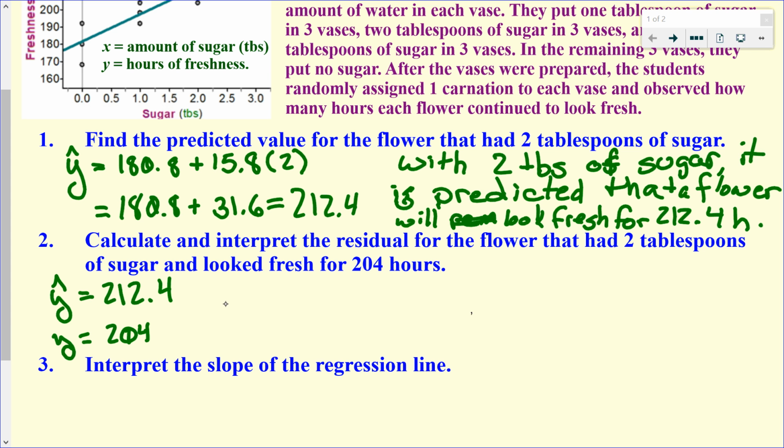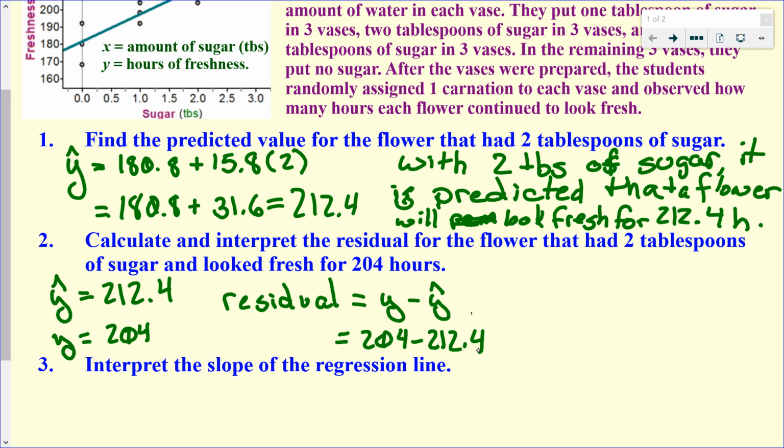So to find the residual, we take the actual minus the predicted. So that would be 204 minus 212.4. And we get a residual of negative 8.4.